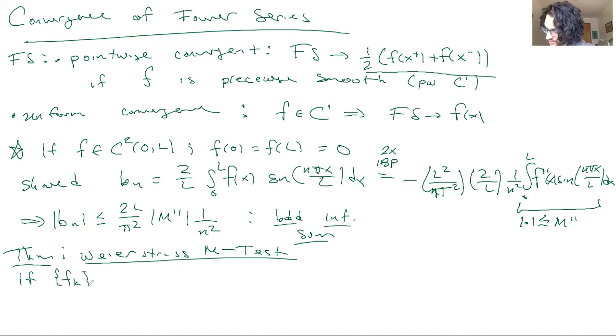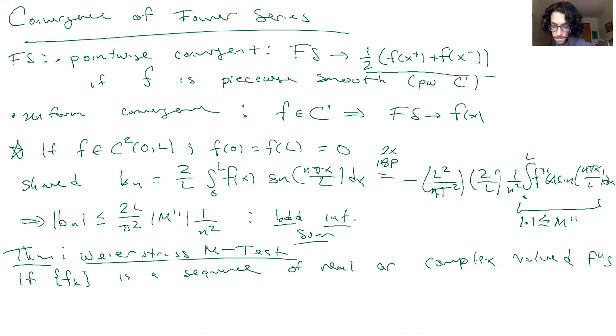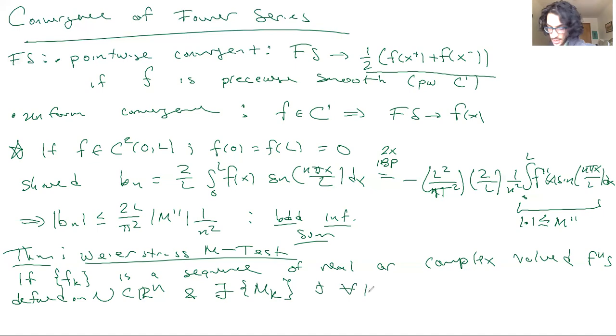So if f_k, let's say, is a sequence of real or complex valued functions, okay, defined, and we'll do this way more general than we need to, on U living in R^n, okay, and there exists some M_k, okay, such that for any k greater than or equal to 1, and all x living in U, we have that the absolute value of f_k of x is bounded from above by M_k.